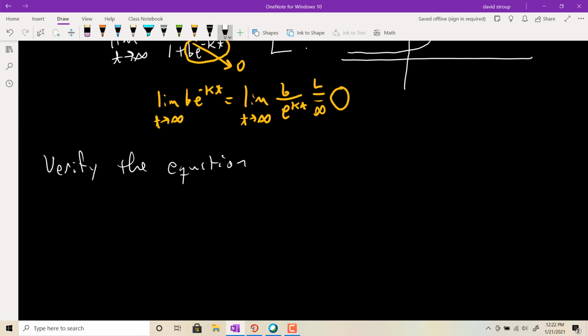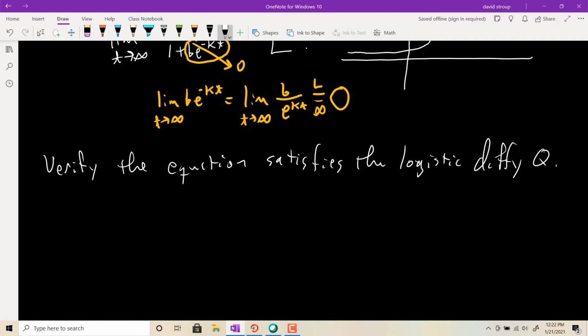But it's not a bad thing to see, so let's take a look. Verify the equation satisfies the logistic differential equation. I'll just abbreviate and write DiffEq. I'll just call it an example.